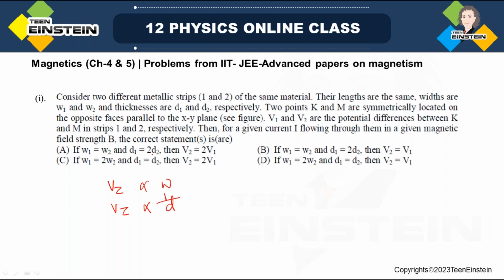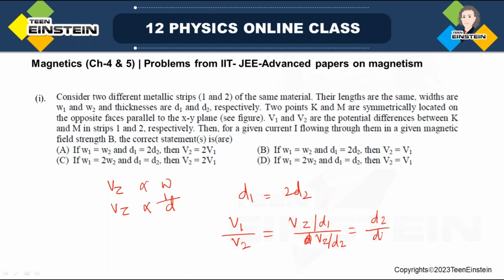When D1 is 2D2, V1 by V2 will be V_z by D1 divided by V_z by D2, all others being equal.